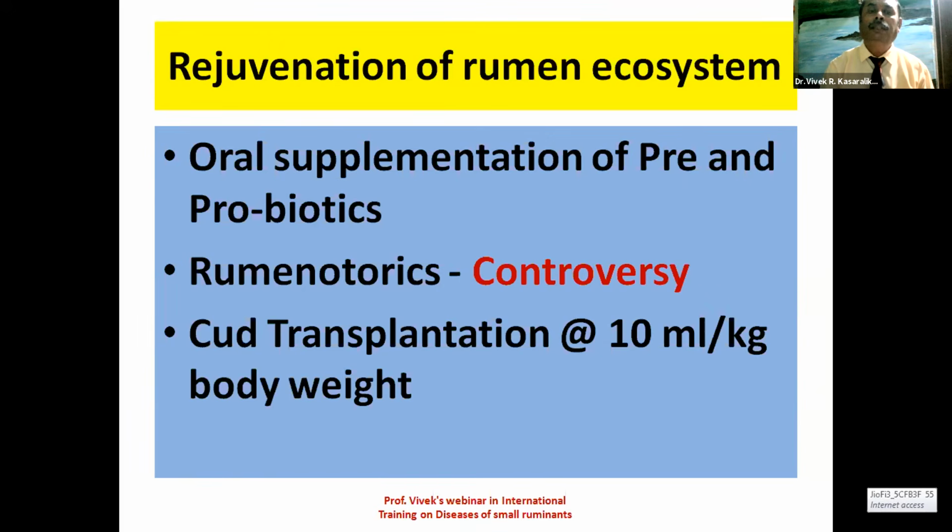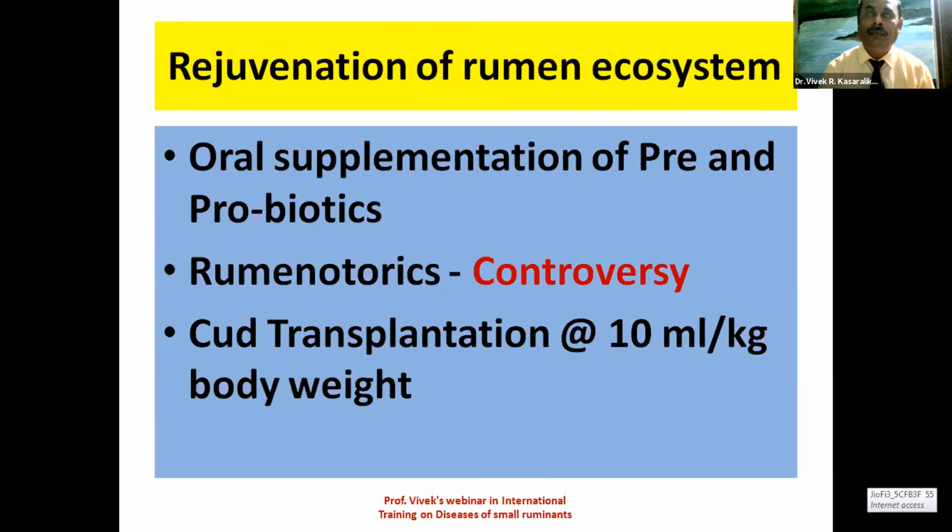Then the cheapest and best way of rejuvenating the ecosystem is cud transplantation. The cud has to be collected from a slaughtered goat, brought to the hospital, and administered at the rate of 10 ml per kg body weight. Okay, 10 ml per kg body weight means around 300 ml: for a 30 kg body weight, 30 times 10 ml comes to 300 ml.